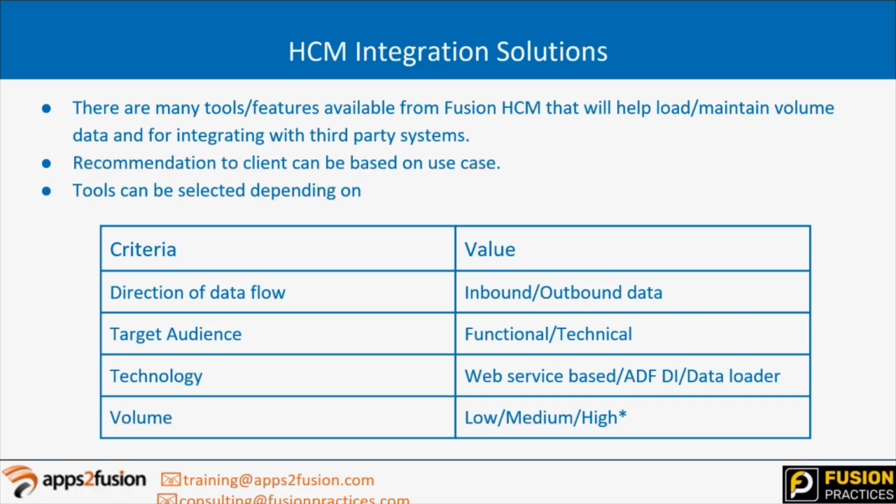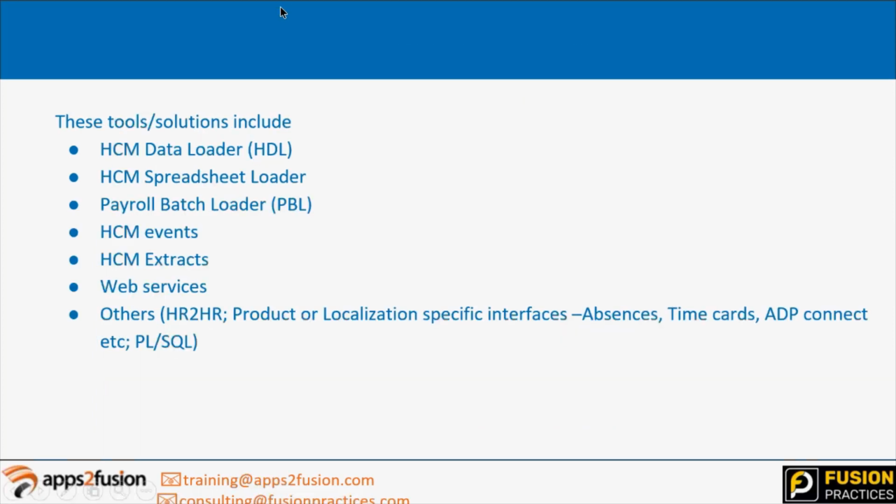There is also PBL, that's the Payroll Batch Loader. It's a web ADF sheet in Excel. To load payroll data, we'll go for ADF-DI sheets. It's again a loader. As I mentioned, the first three, HDL, spreadsheet loader, and PBL, are the inbound options available, and the next four are the outbound services available.